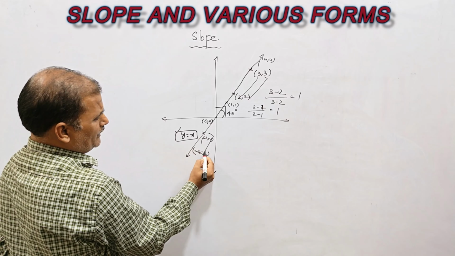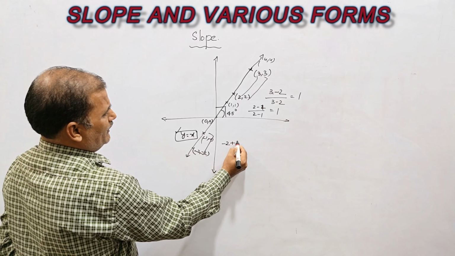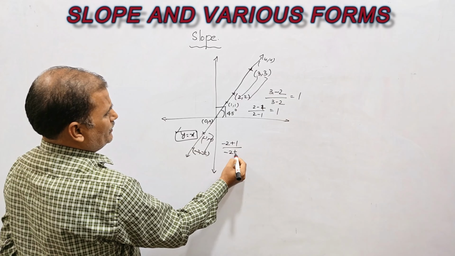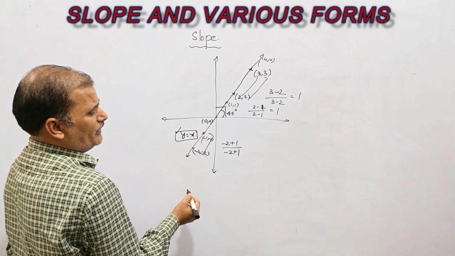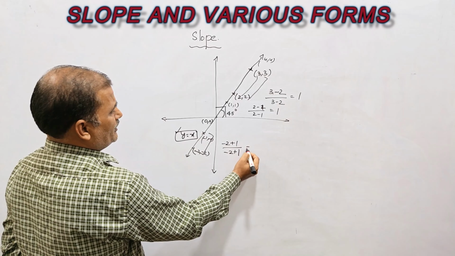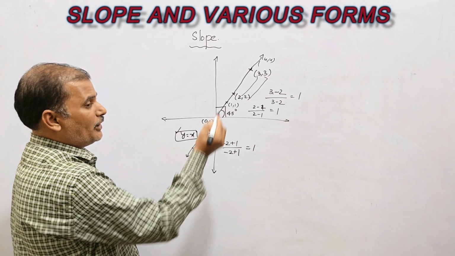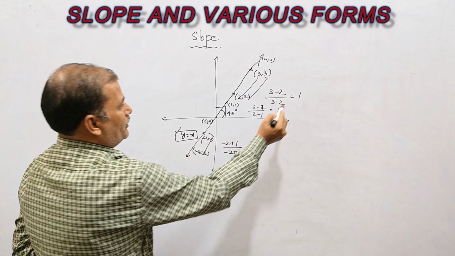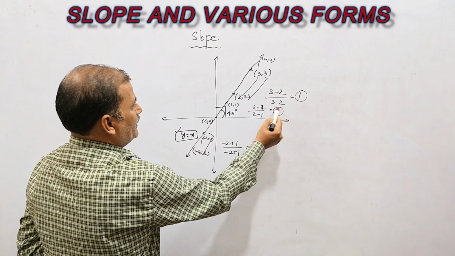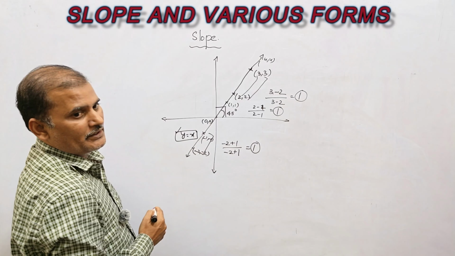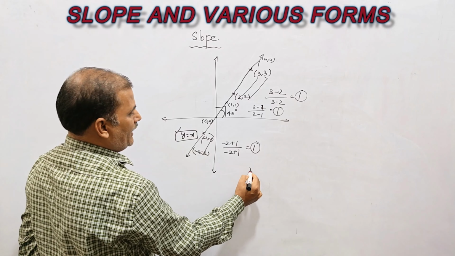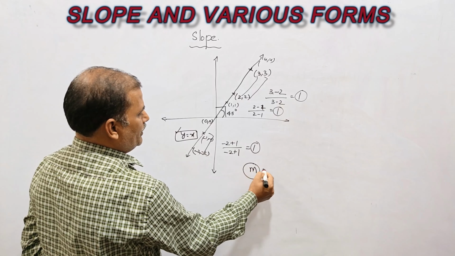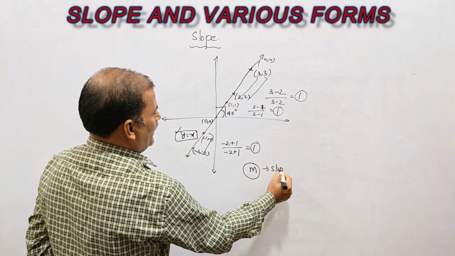Here also y2 minus y1 by x2 minus x1, the difference between y coordinates by the difference between x coordinates, is always 1. What we observe is that if you take any 2 points on the line y is equal to x, we get the same value. That should be a constant. That constant is treated as m. That should be called the slope.